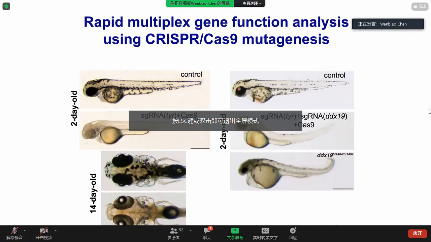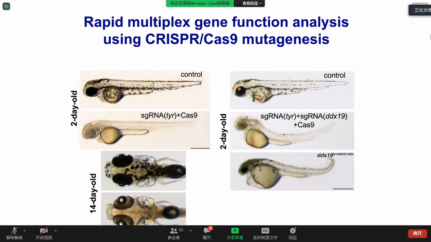In addition, we can inject multiple RNAs to assess multiple gene functions and study the interaction. As an example, we chose tyrosinase and another gene, DDX19, which is a nuclear RNA binding protein that is known, when mutated, to create a necrosis phenotype. So in the fish that we injected with both RNAs, we see both phenotypes.